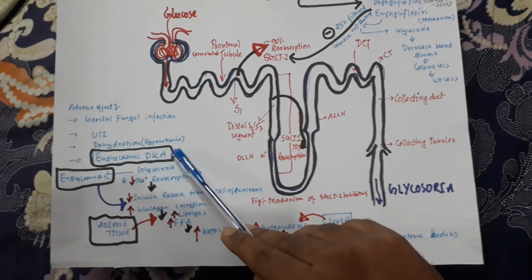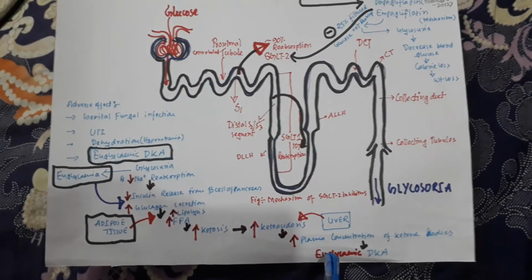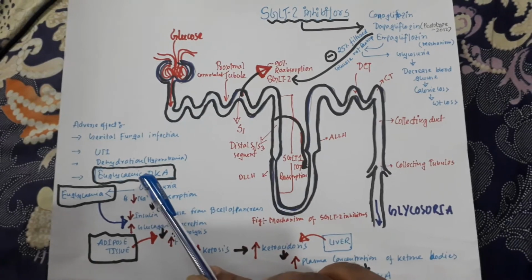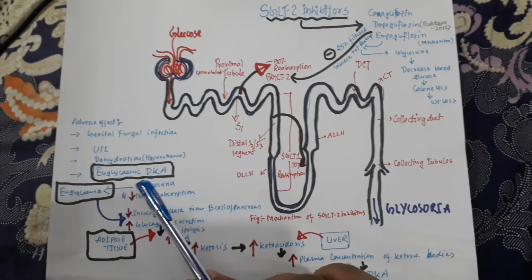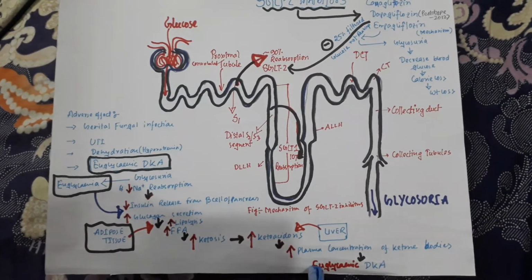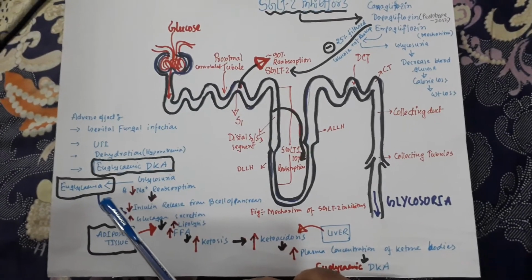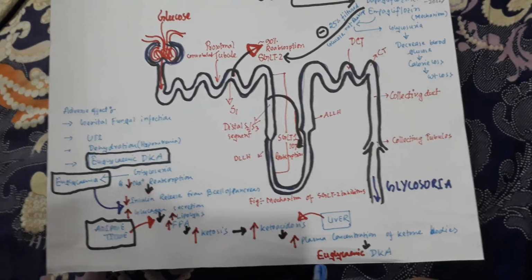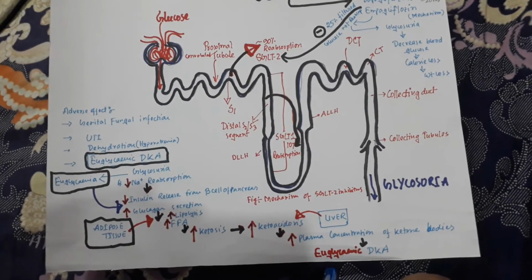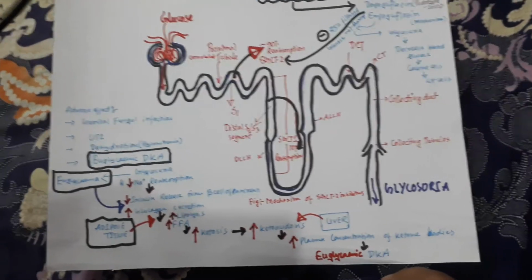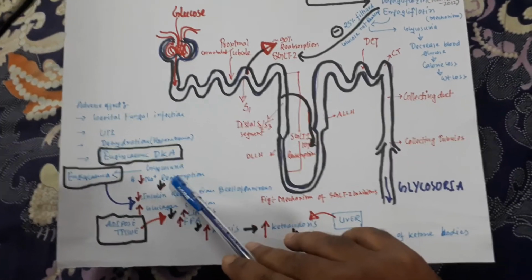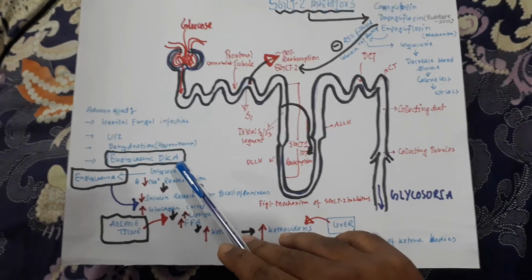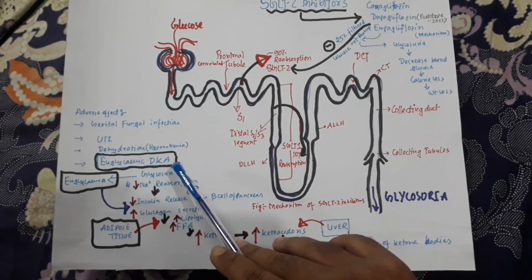That is why it is called euglycemic diabetic ketoacidosis, a rare complication of sodium glucose cotransport 2 inhibitors, and it is very dangerous. On one side they produce euglycemia, and on the other side they produce diabetic ketoacidosis. This is an important complication of sodium glucose cotransport 2 inhibitors that occurs when used for a prolonged period of time.